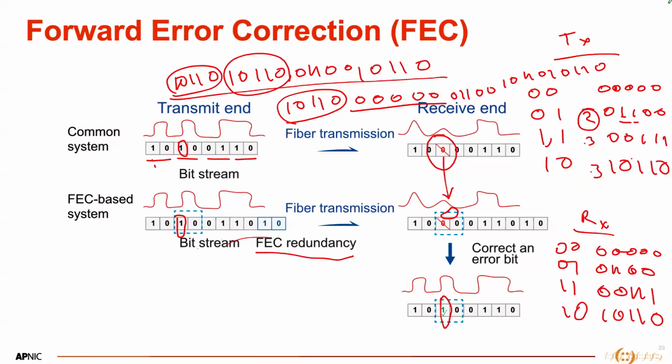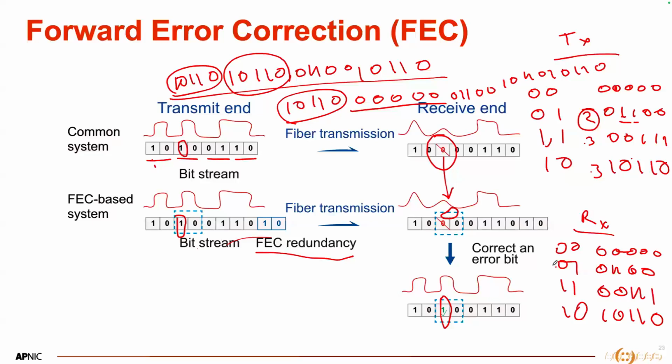And if the code matches, like for the first one or the third one, fourth one, if the codes are matched with the transmit byte, it accepts the signal and converts it to the actual data.